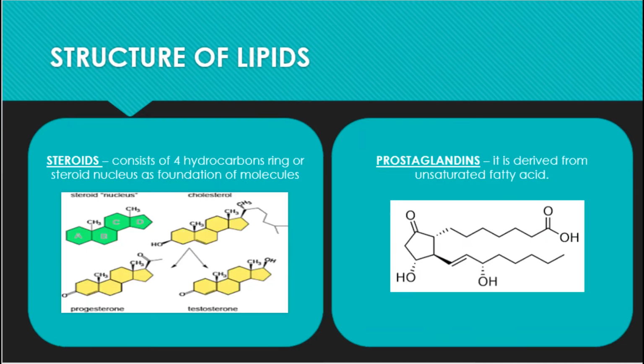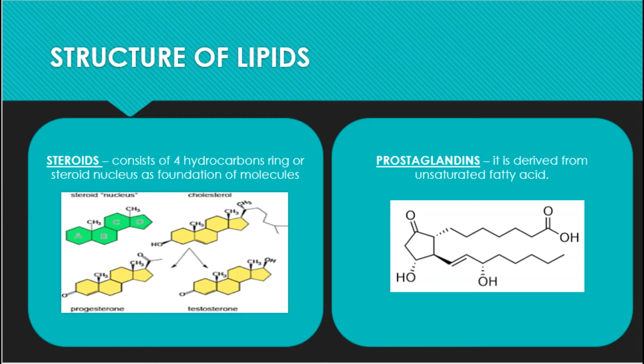We move on to the next point, which is steroid. Steroid consists of four hydrocarbon rings, or steroid nucleus, as the foundation of the molecule. So here we can see the structure of the steroid nucleus and cholesterol. For your information, cholesterol is arranged into a rigid ring structure of 5 or 6 carbon atoms with hydrogen attached and a flexible hydrocarbon tail.